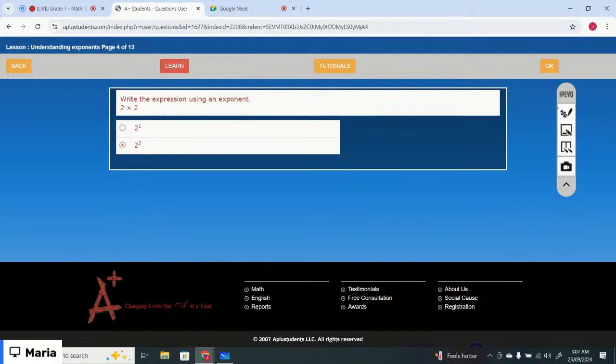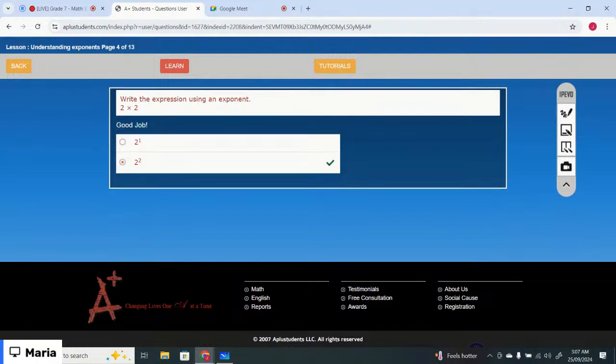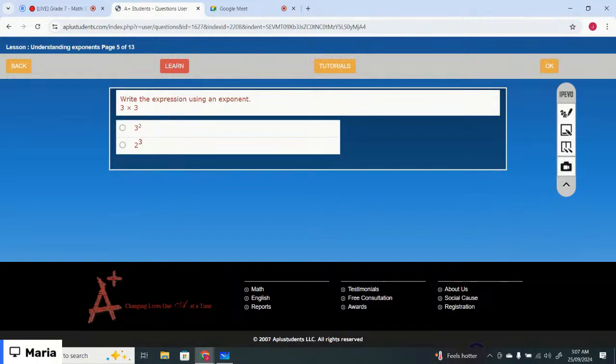Option number 2 is the correct option because 2 is multiplying 2 times. So that would be 2 to the exponent of 2. Write the expression using an exponent.